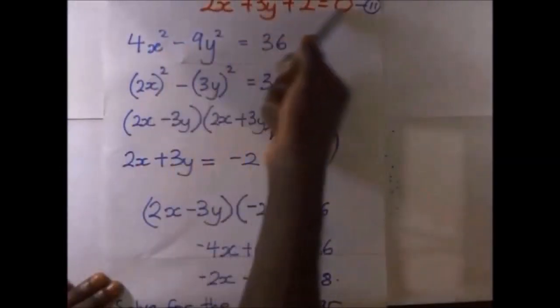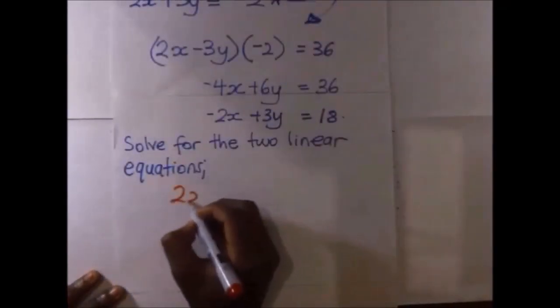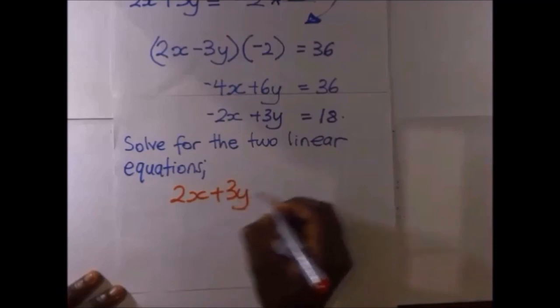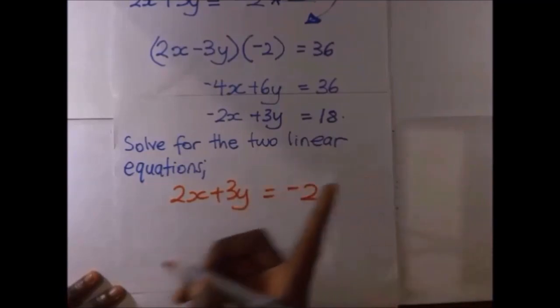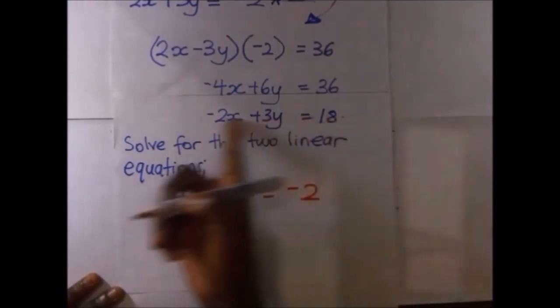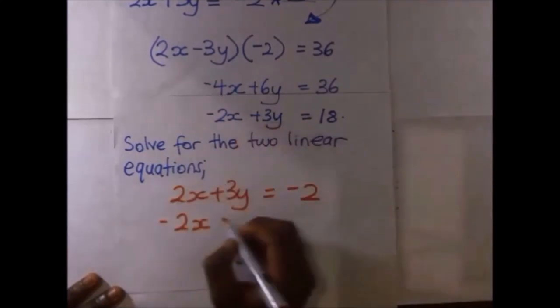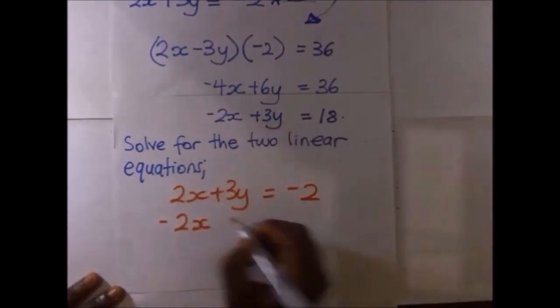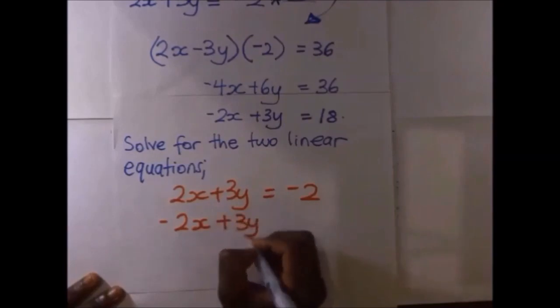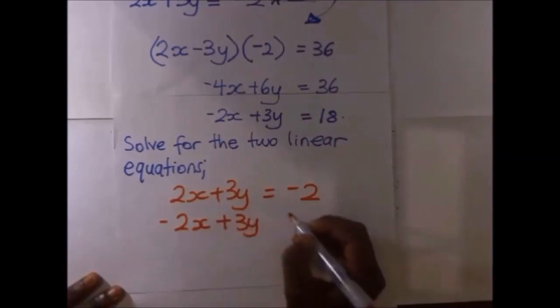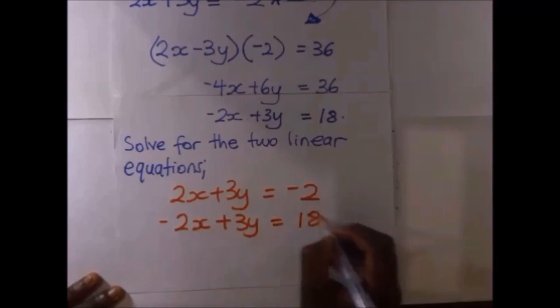Our first linear equation is the one we've gotten, which is 2x plus 3y equals negative 2. The second linear equation is the one we are going to call negative 2x plus 3y equals 18.